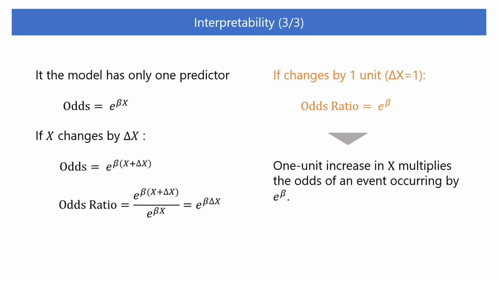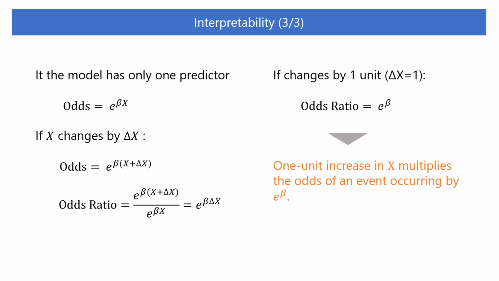If the predictor variable x changes by 1 unit, delta x equals 1. So the odds ratio is expressed as e to the power of beta. Thus, by calculating e to the power of beta for the coefficient beta of the logistic regression model, we can obtain the odds ratio for a case where the predictor x changes by 1 unit.